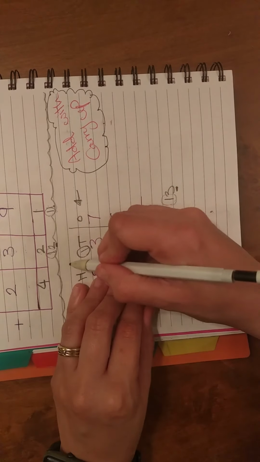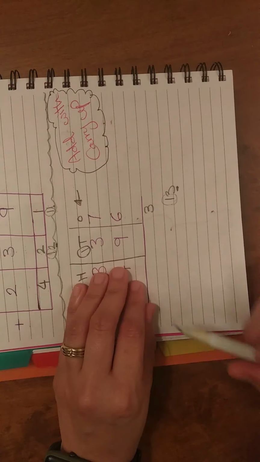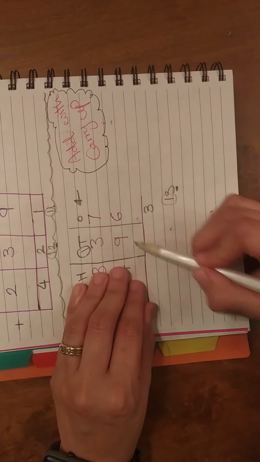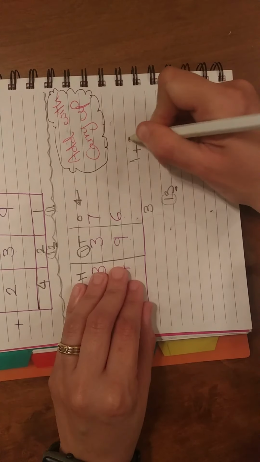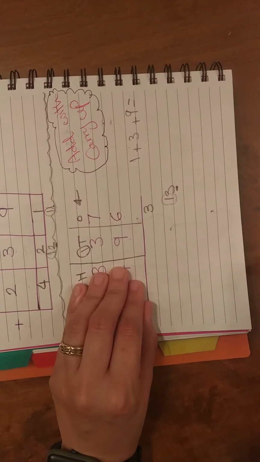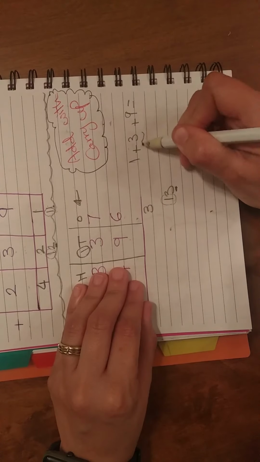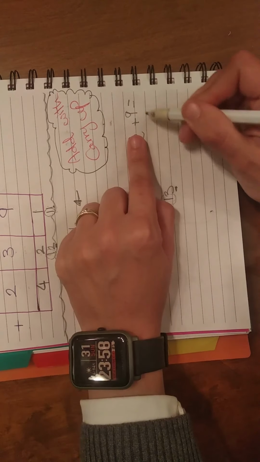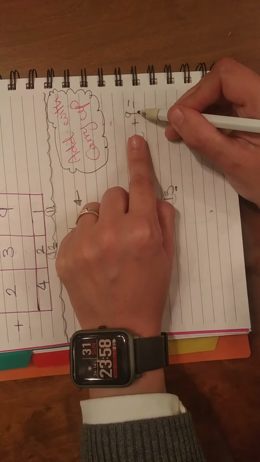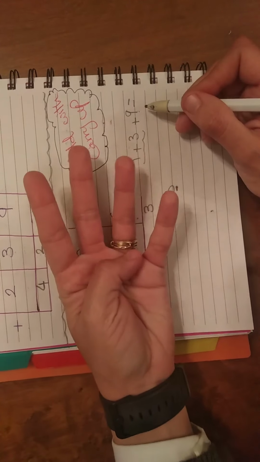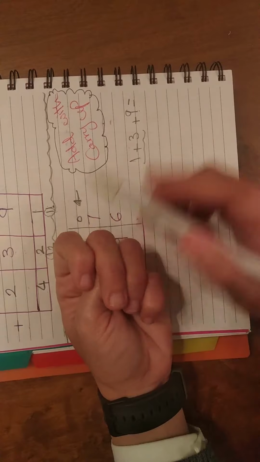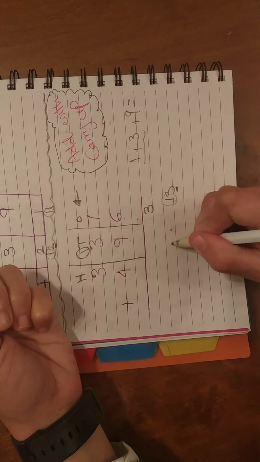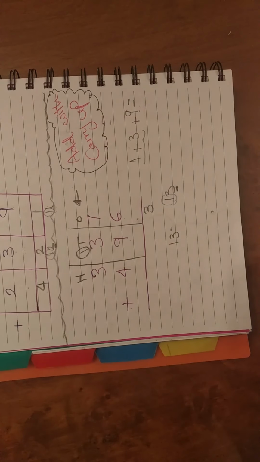So now in tens, I have 1 plus 3 plus 9. 1 plus 3 equals 4, and 4 plus 9: put 9 in your mind and 4 on your fingers. After 9, 10, 11, 12, and 13. So the answer here will be 13.